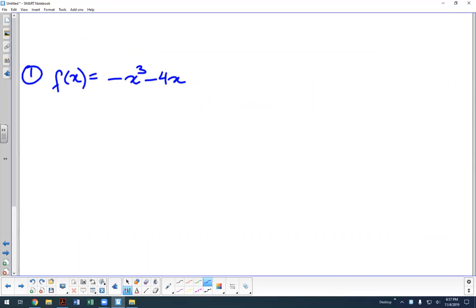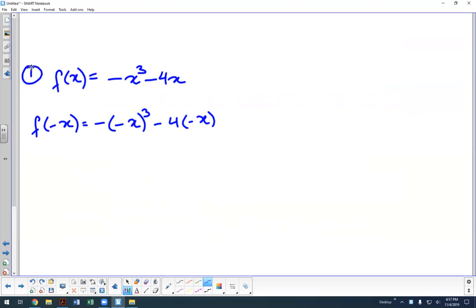So if we want to take and replace our x with negative x, we can see what happens. Do we come back to the original function, or do we come back to a negative of the original function? So that will become negative of negative x to the third minus 4 times negative x. So wherever you see an x, replace it with negative x.